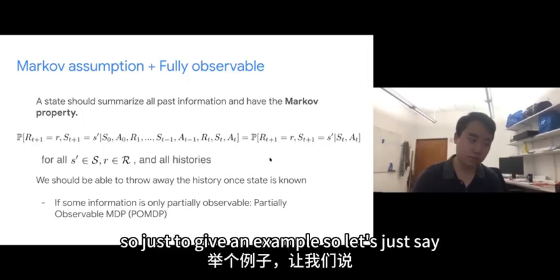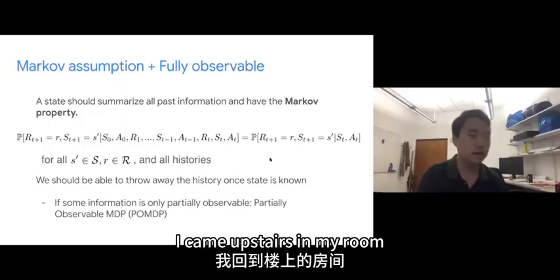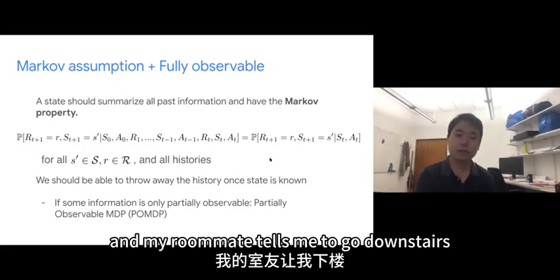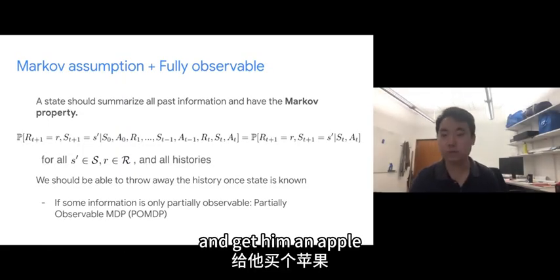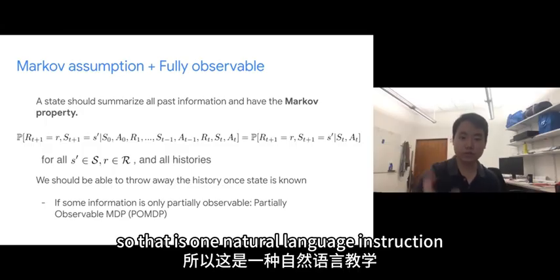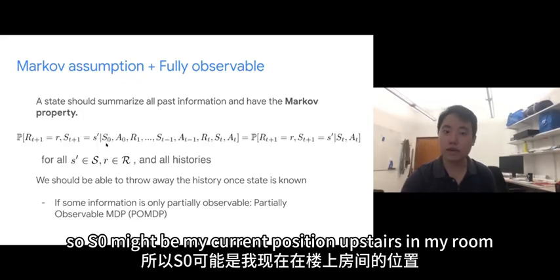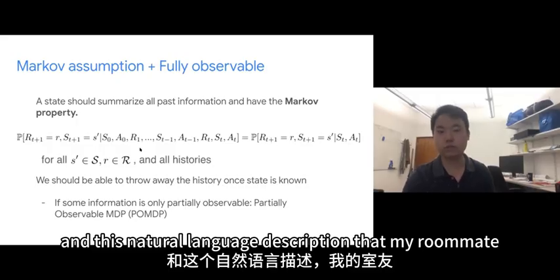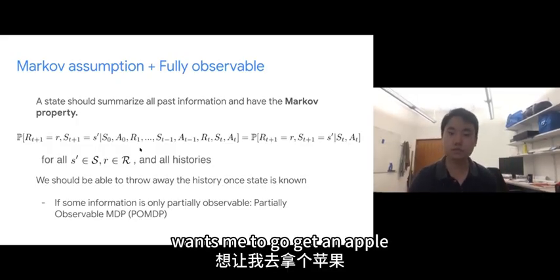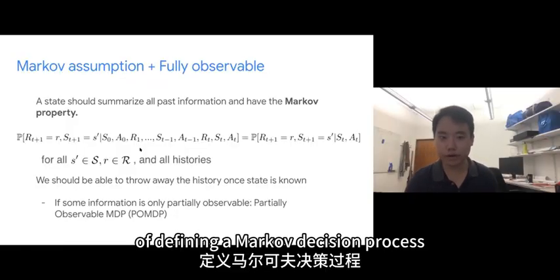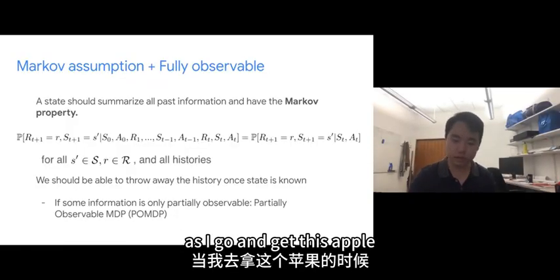Just to give an example, let's say I am upstairs in my room, and my roommate tells me to go downstairs and get him an apple. That is one natural language instruction that is given to me as state S0. So S0 might be my current position upstairs in my room, and this natural language description that my roommate wants me to go get an apple. There are 2 possibilities of defining a Markov decision process as I go and get this apple.